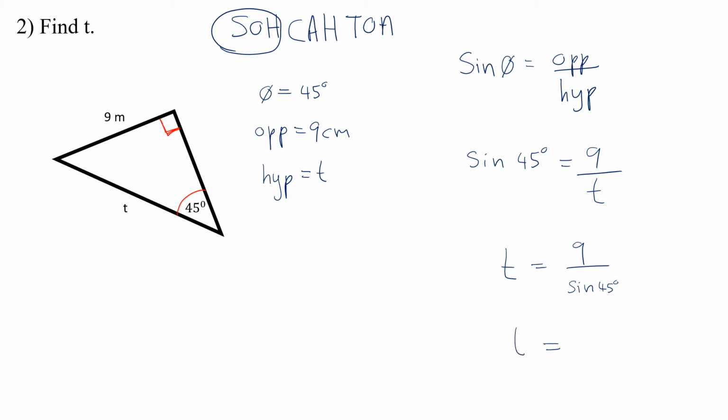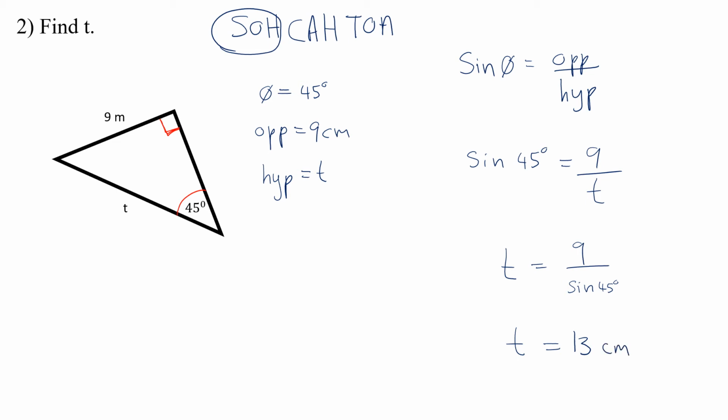And that will give us a value of t. I'll just take my calculator here: sine 45 is equal to this, and then 9 divided by the answer. I am getting 12.7, and again, I did start rounding off everything to the nearest whole number, so that's 13.